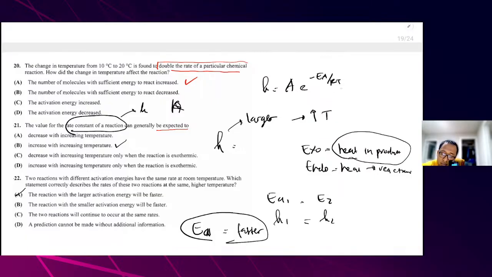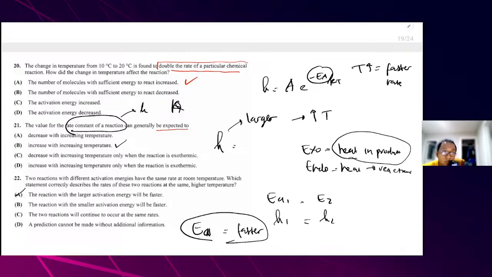When T increases, the fraction of molecules with enough energy to overcome EA increases, so it will be a faster rate. Activation energy doesn't change. It's a property of the reaction itself. So if we increase the temperature, we will have a faster rate.